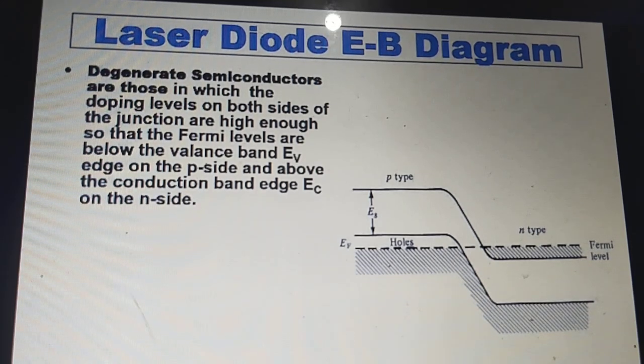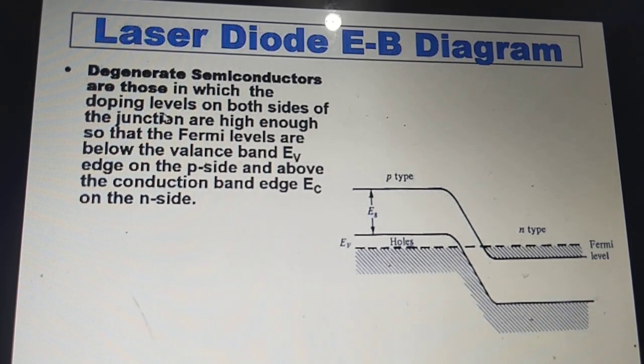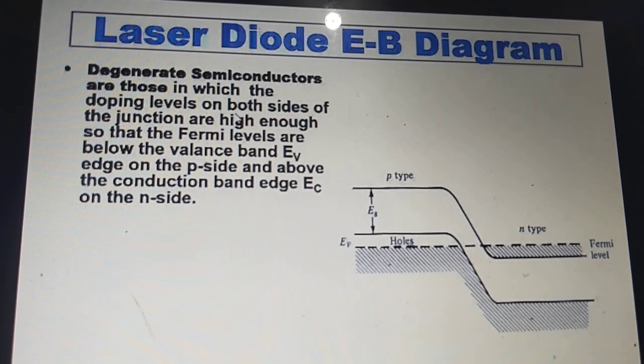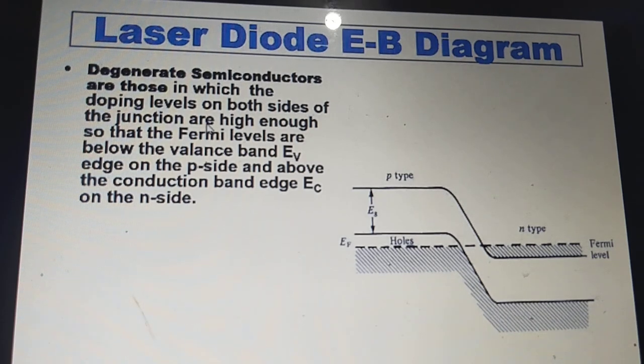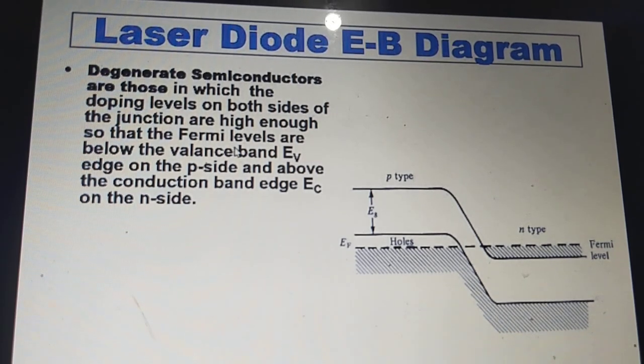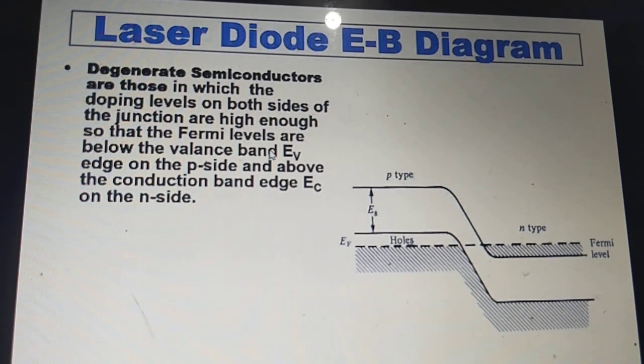So degenerate semiconductors are the semiconductors in which doping levels on the N side as well as on the P side, means both sides of the PN junction, are high enough so that the Fermi levels are below the valence band edge on the P side and above the conduction band edge on the N side.